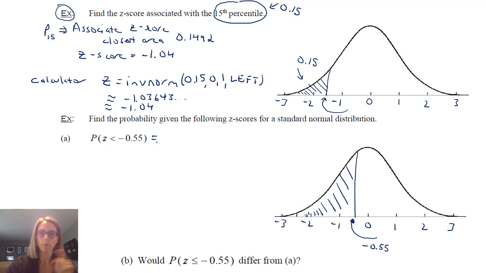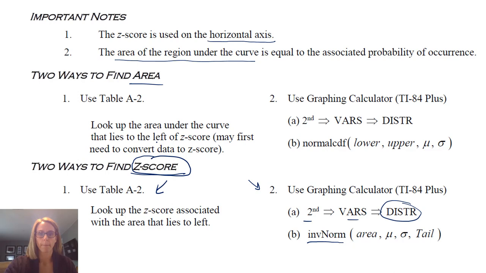Now in the calculator, let me go back and show it. Okay. In the calculator, the way to find area is same place. So second VARS, that's going to take you to your distributions, but we're going to use normal CDF, and that's because we have a normal distribution, and C is cumulative because we are adding up a bunch of different probabilities here from some region that we're shading.